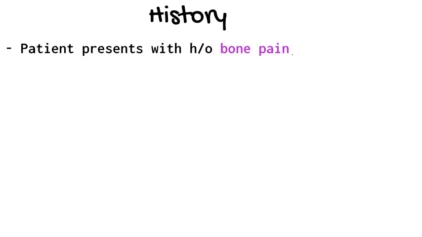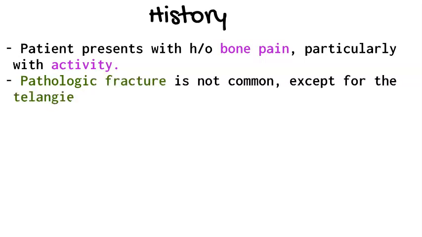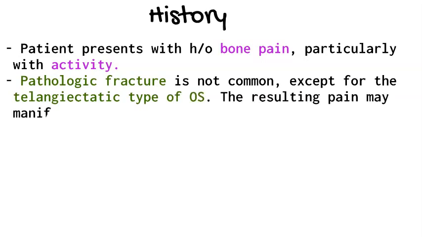History-wise, patients present with a history of bone pain, particularly with activity. Pathologic fracture is not common except for the telangiectatic type of osteosarcoma. The resulting pain may manifest as a limp.